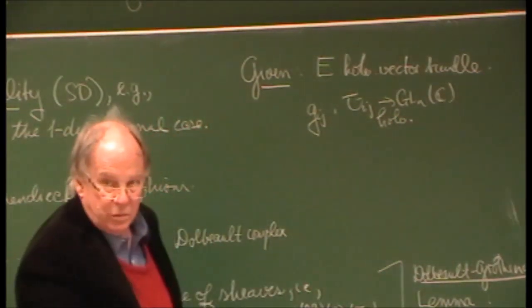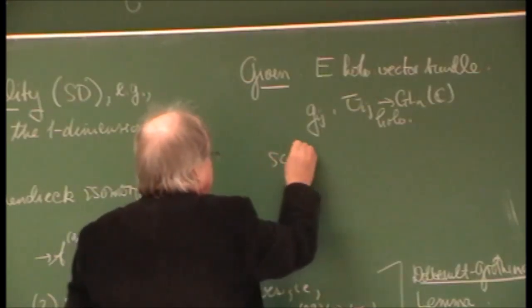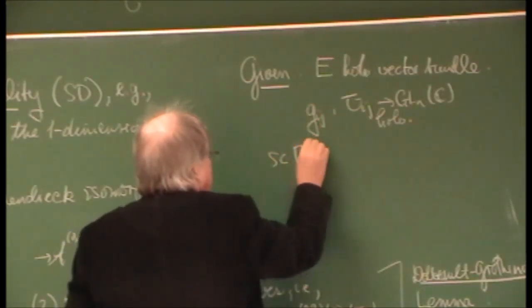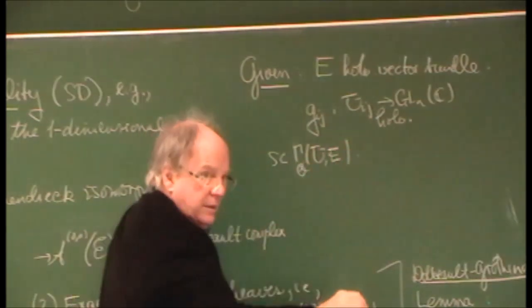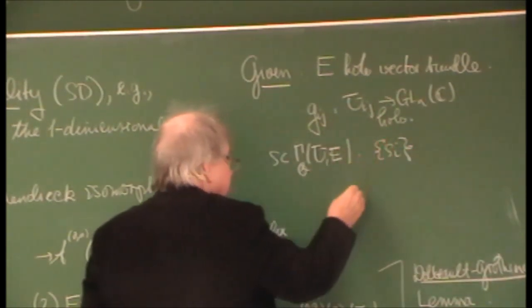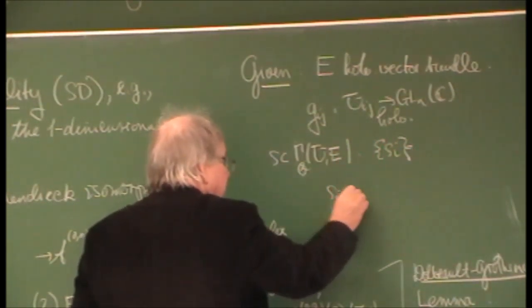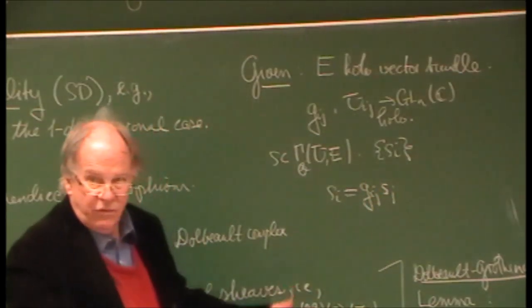That's just it. And now we're talking about holomorphic sections of this thing. A holomorphic section is a collection of sections on local trivializations which satisfy this condition. So far, so good.